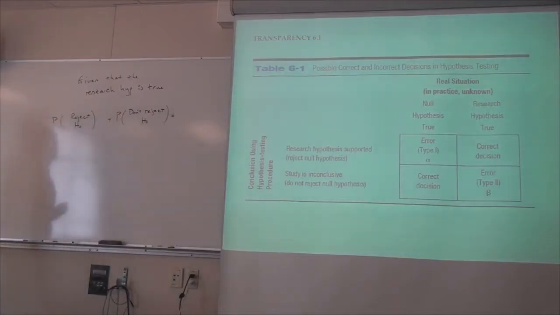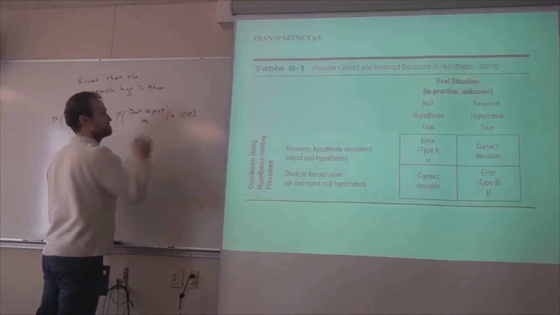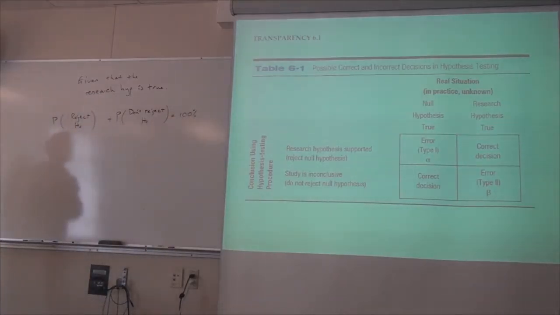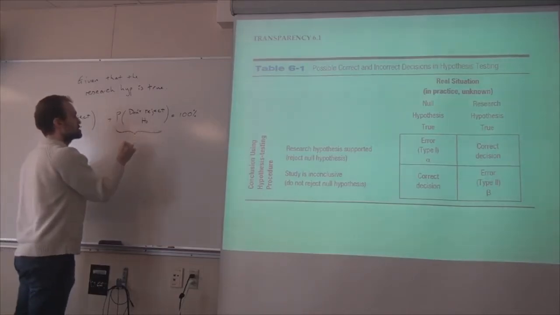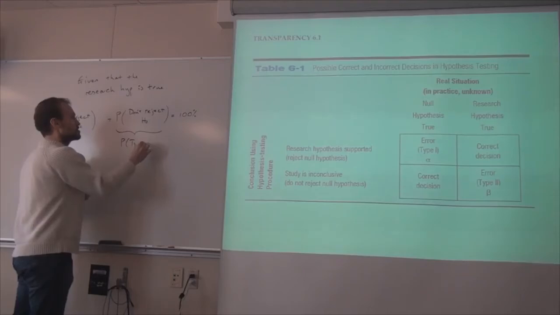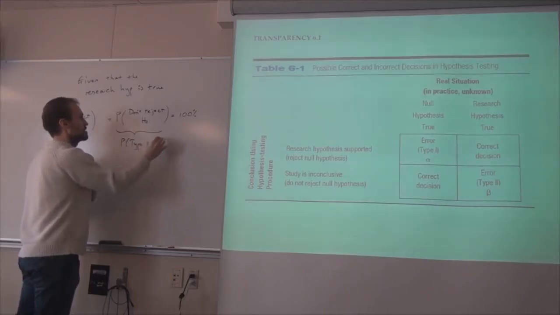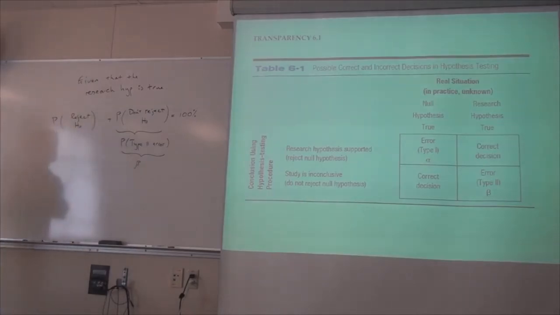What is that going to be? When those are my only two choices. 100%. It's going to be one of them. If I don't reject the null hypothesis, this is the probability of a type 2 error, which is called beta.